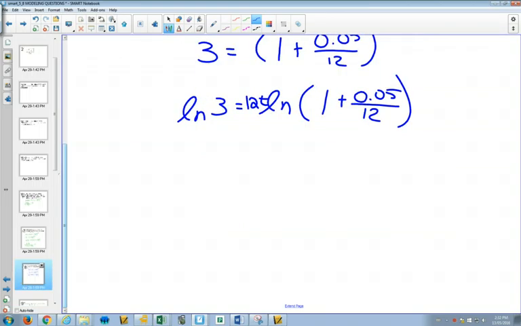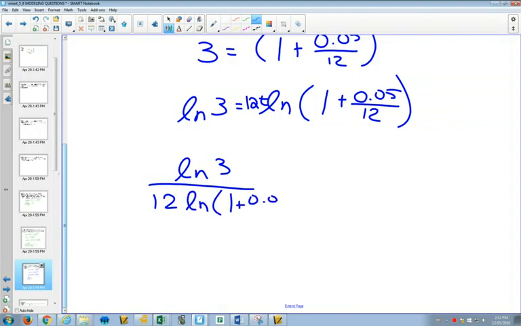And then to solve for t, and I'm kind of curious what the answer is, so I'm going to type this one in. 22 years.